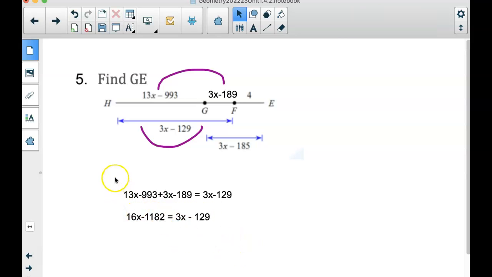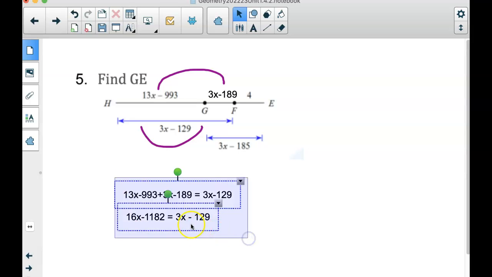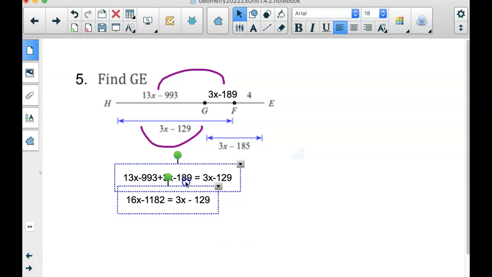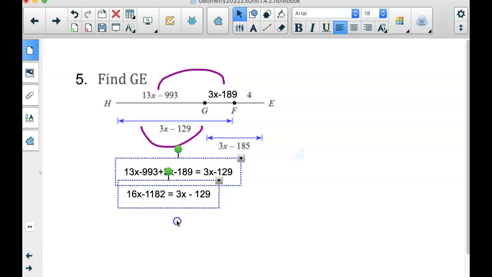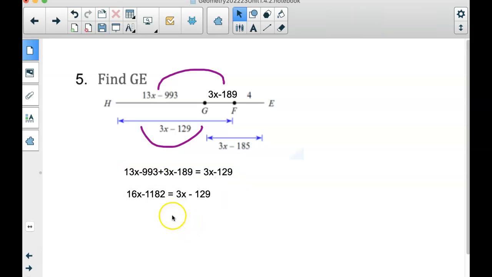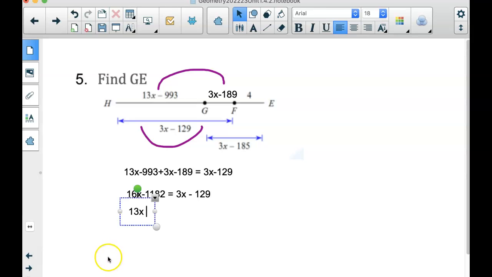Okay, the next thing I want to do now is simplify, but first I'm going to move up because I'm running out of room. Story of my life. So if we subtract 3x from both sides, we have 13x equals, and get your calculators ready again, because we have to add 1182 to both sides.